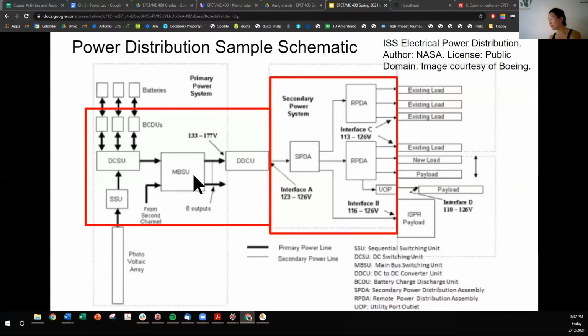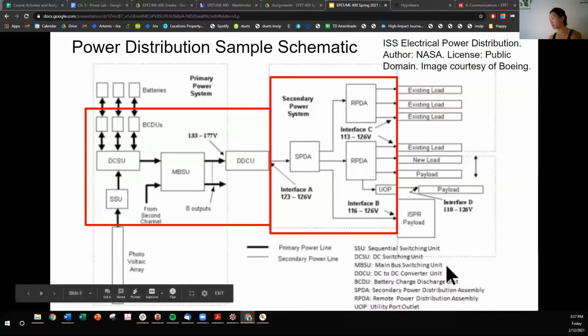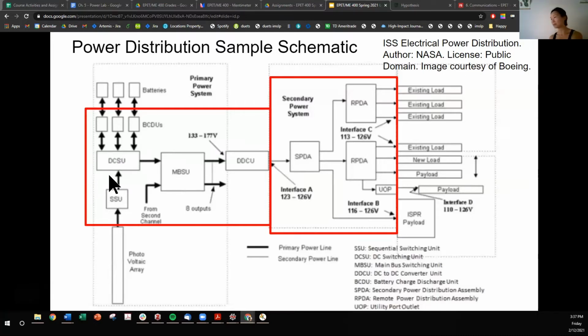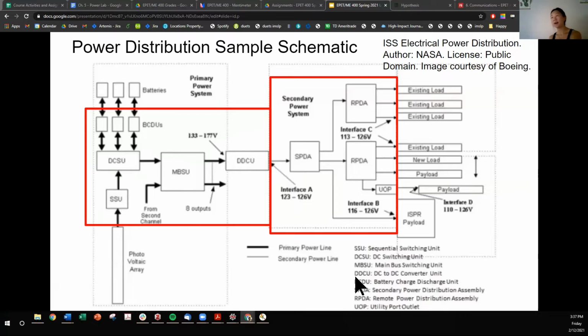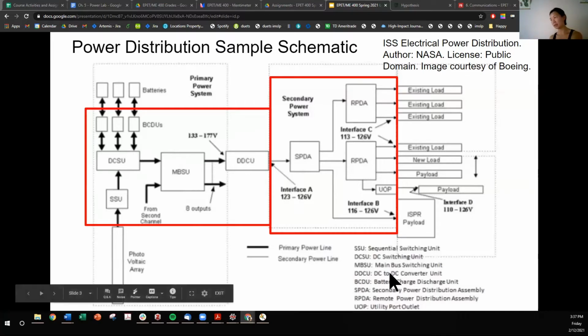MBSU, what is that? The main bus switching unit. So just another hierarchy above this mid-level switching unit. And then that feeds into a DC to DC converter unit. If you have different incoming DC and outgoing DC voltage levels, then you'll probably need a DC to DC converter.